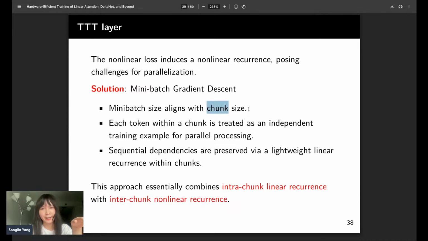and the larger the chunk size, the worse the performance, right? Because when increasing the chunk size, the recurrent update frequency becomes less, and this is bad for the performance.